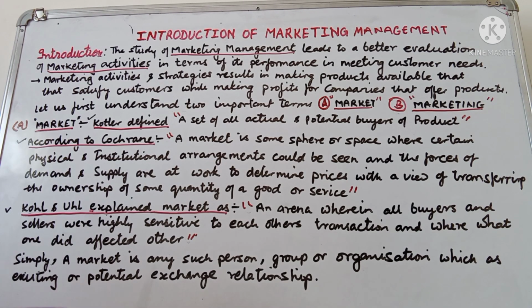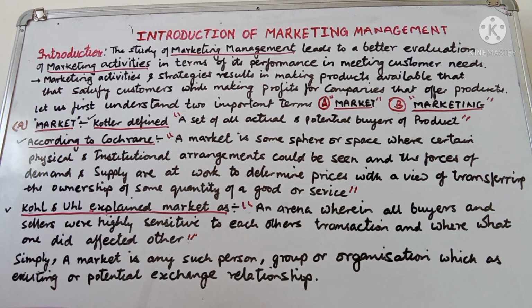As per this definition, it is suggested that exchange takes place in a market for consideration. Now, what is this consideration? This consideration is price. In developing countries, and more so in India, we are a very price conscious society. So one aspect is price, and also that exchange takes place with a certain physical and institutional structure.